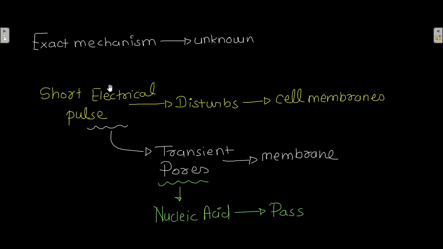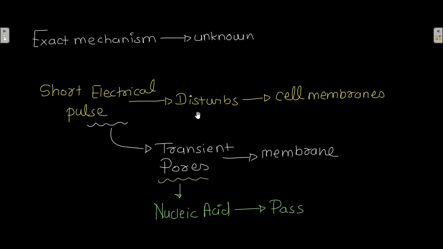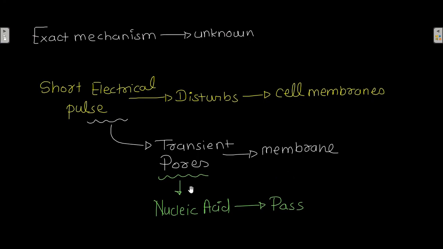Now, the exact mechanism of electroporation is unknown, but it is supposed that short electric pulses disturb the cell membrane, due to which there is formation of transient pores in the membrane, and through these transient pores the nucleic acid passes.